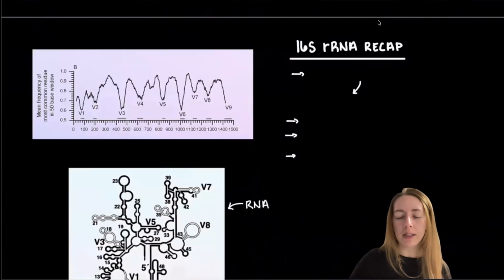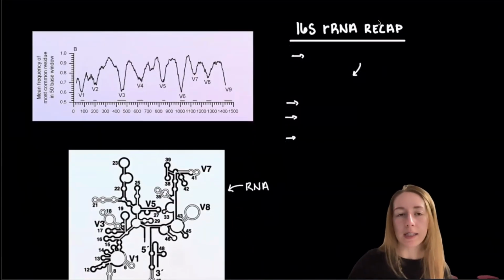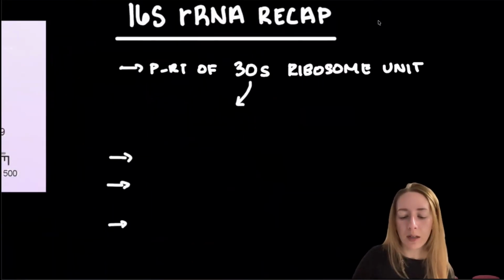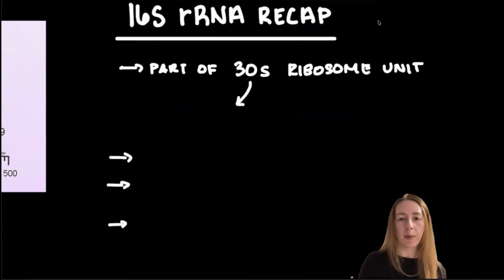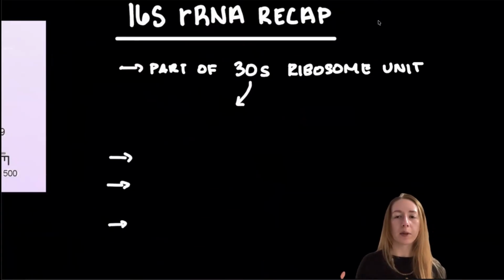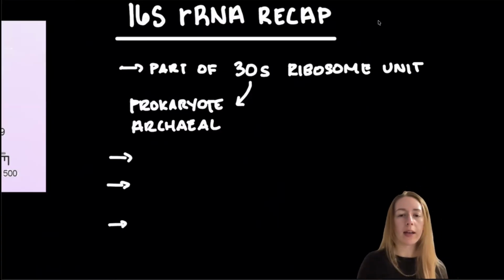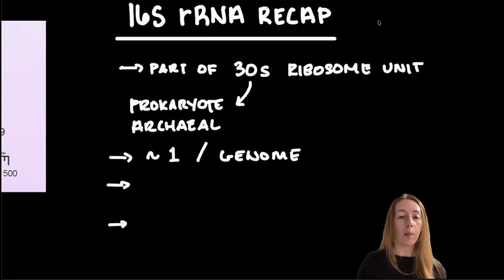And then now let's give a little recap on the 16S gene. The 16S gene, again, is a part of the 30S subunit of the ribosome, and this is found in prokaryotes, bacteria and archaea. And we're going to see one copy per genome, most likely, but there are cases where there is more than one copy per genome.